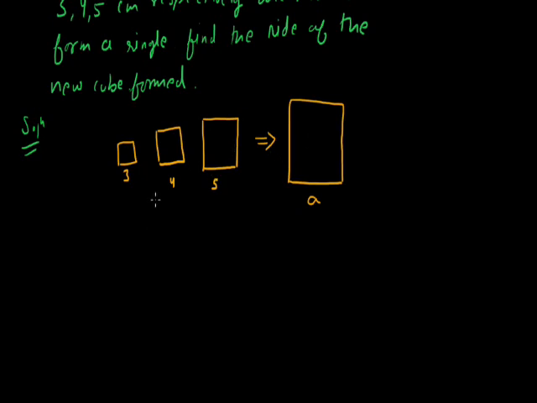And the formula for the volume of a cube, we know, is side cube. So the volume of this cube is 3 cube, the volume of this cube is 4 cube, the volume of this cube is 5 cube. So we have to add these volumes. Now the volume of all these three cubes is equal to the volume of this big cube, that is A cube. 3 cube is 27, 4 cube is 64, 5 cube is 125.